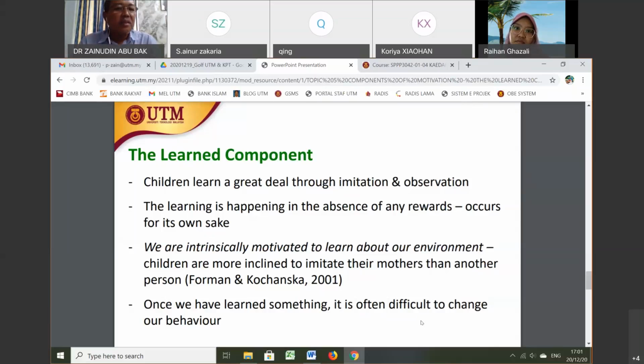But within 3 months, he could start to speak. He could start to converse and communicate amongst them using their language. His English, his pronunciation, everything changed within 3 months.